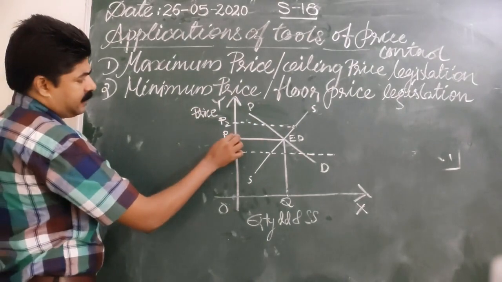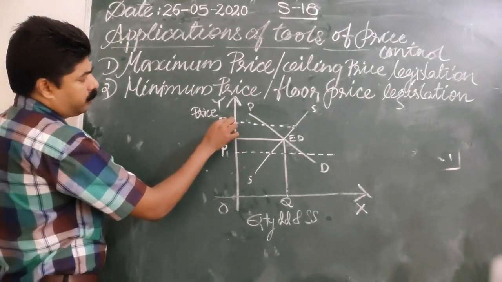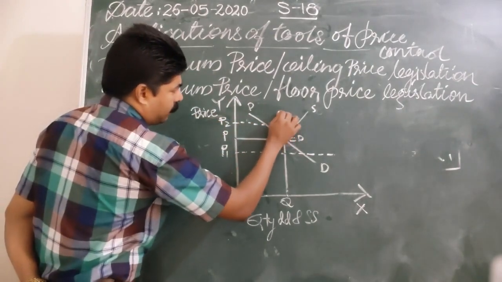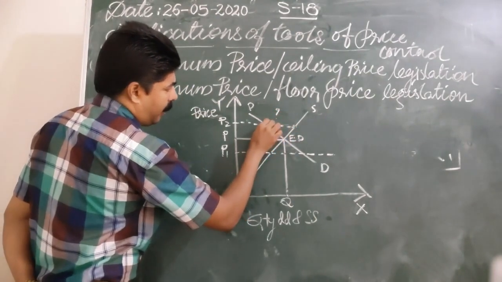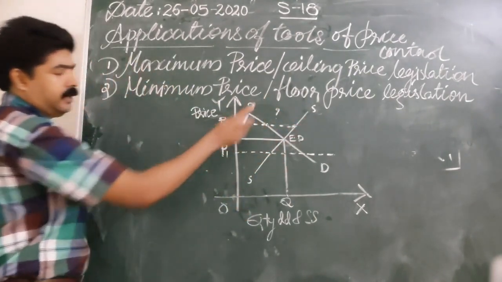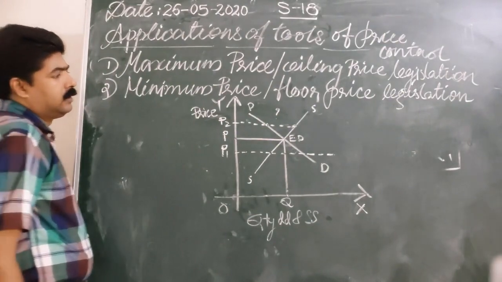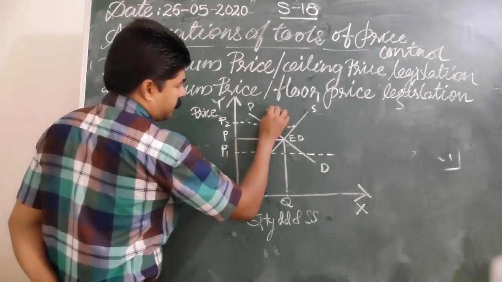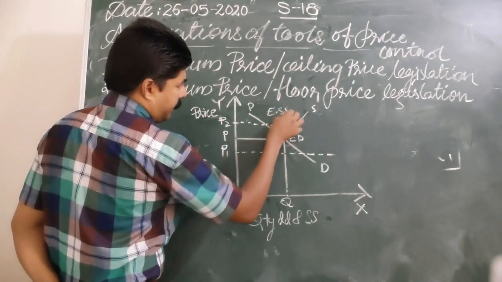When price increases to OP2, what is happening here? This is a point. What is here? We have studied it. Excess what? Excess supply. So we will write excess supply here.